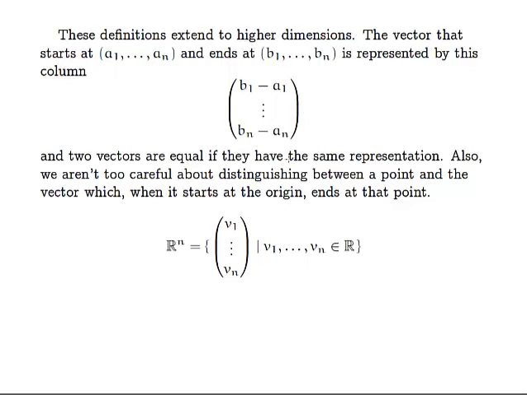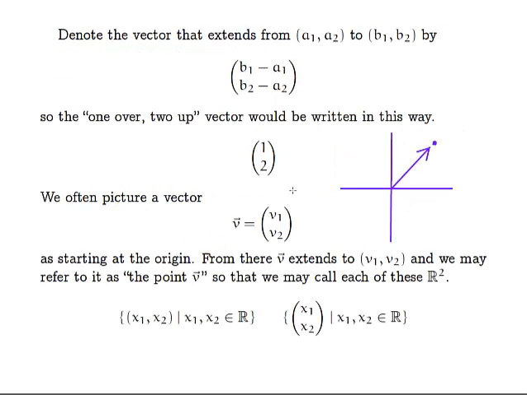And here, just as before, we're not too careful about distinguishing between a point and the vector which ends at that point. So we can think of the set of n-dimensional points as a set of vectors. We can identify each point with the arrow that goes from the origin to that point. Just like this picture I have here, only think about higher dimensions.